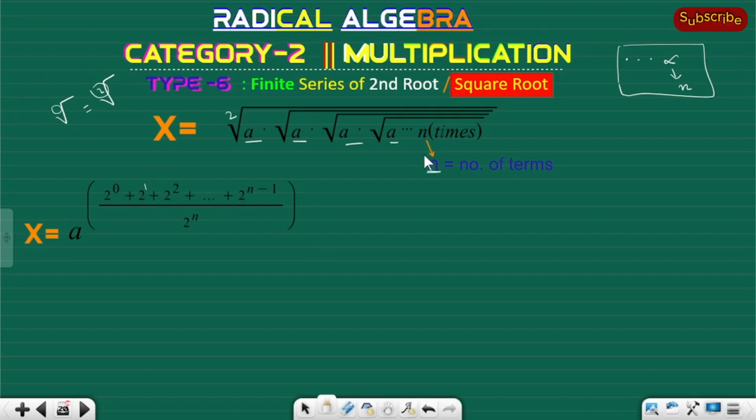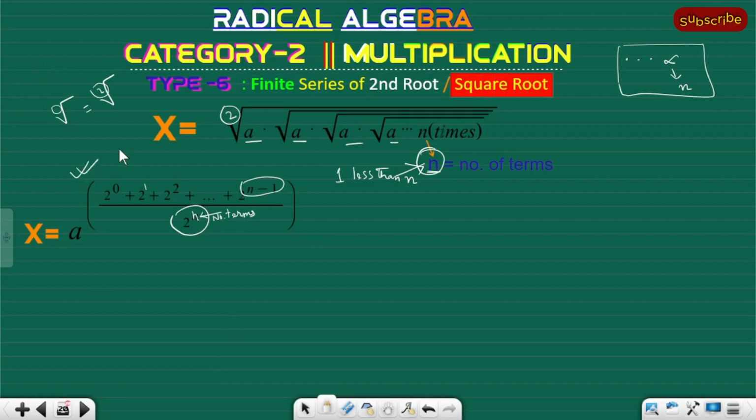If it is the number of times n, then the power should go up to n minus 1, one number less than n. And the denominator should be 2 to the power n, where n is the number of terms.